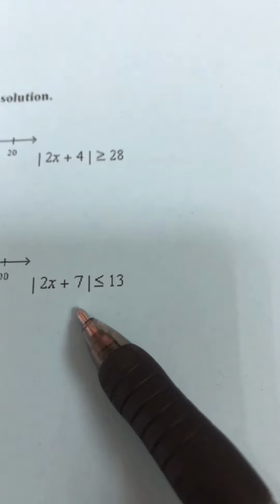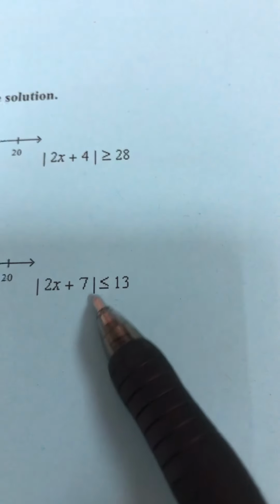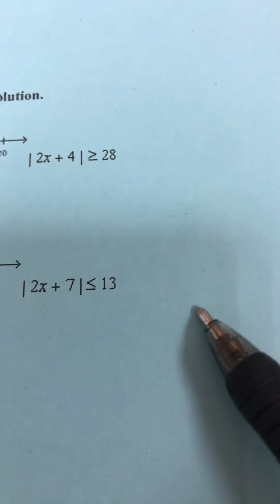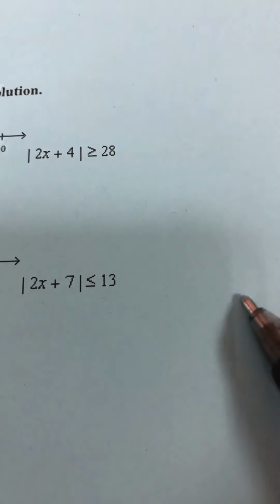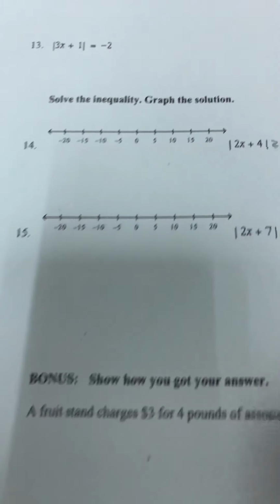Same thing for this one, for number 15. You're going to take 2x plus 7 is less than or equal to 13, the way that the sign is now. And then you're going to have another problem: 2x plus 7 is greater than, so you're going to flip it, greater than or equal to negative 13. Okay, and then solve for x and graph it.